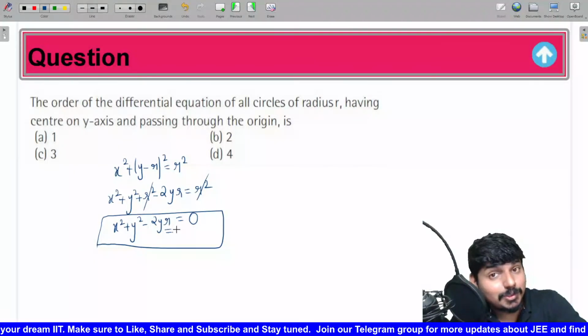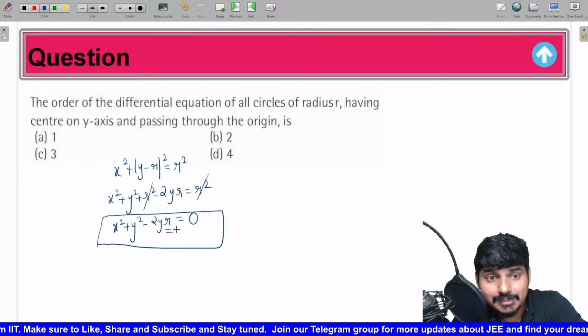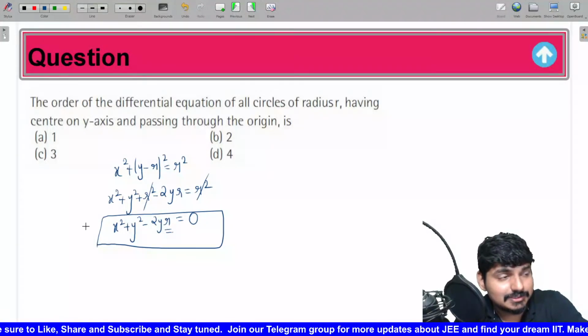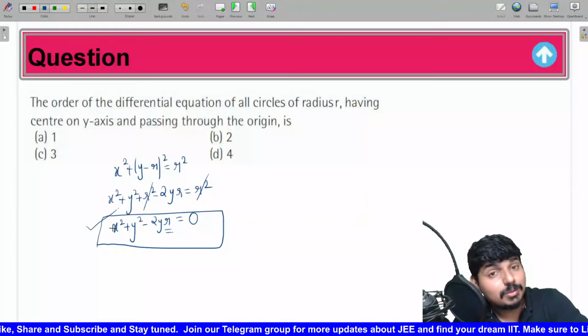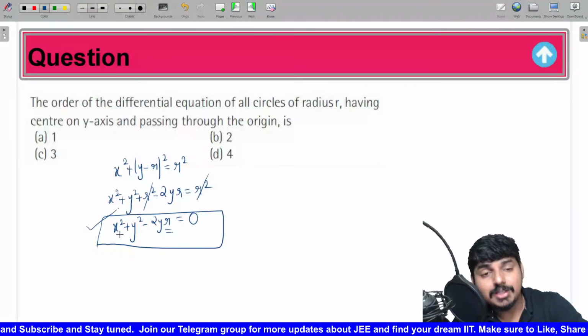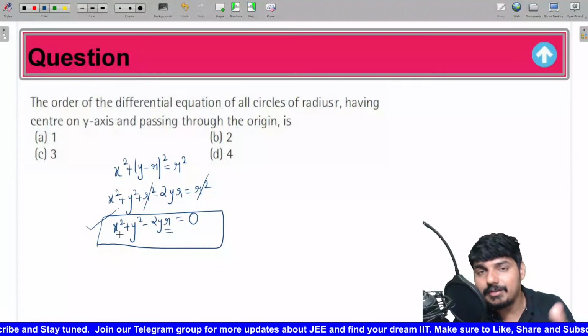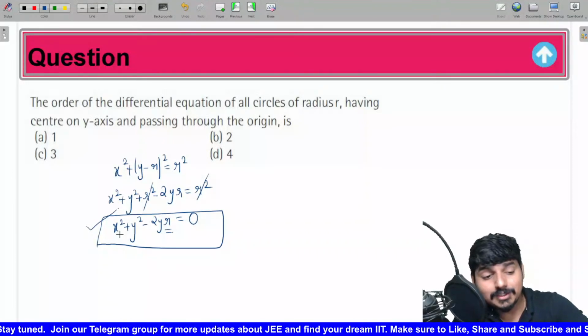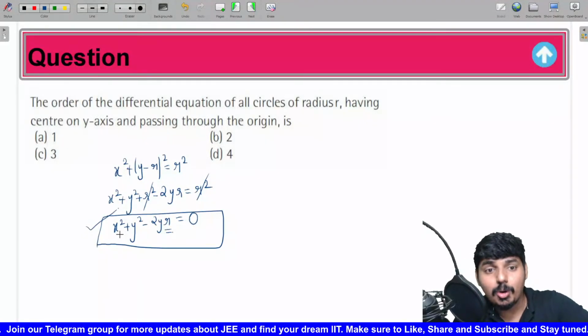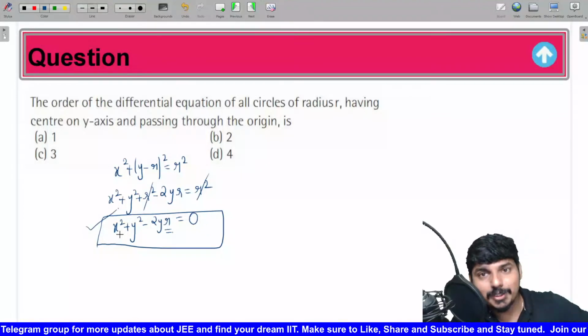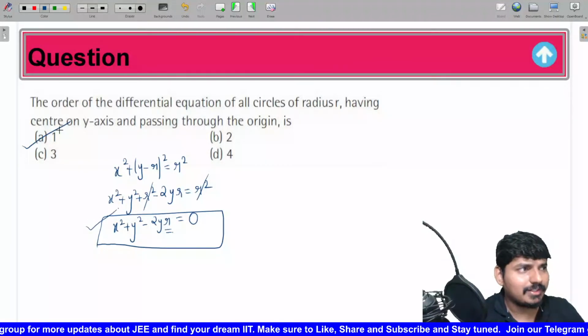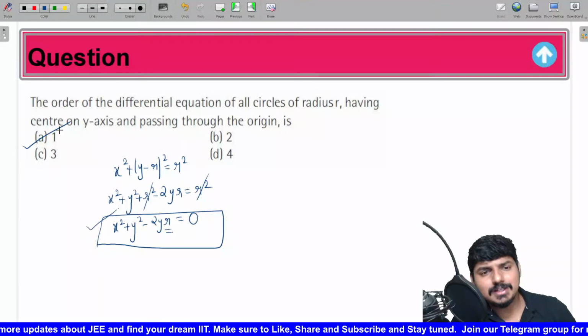Okay, so what does that basically mean? Well, you have to differentiate this equation only one time to get that differential equation. When you're differentiating the equation only one time, then what is the differential equation order going to be? It is only going to be 1. So if you see the options, everyone, option A is going to be the right answer.